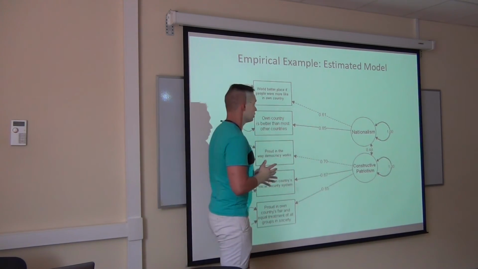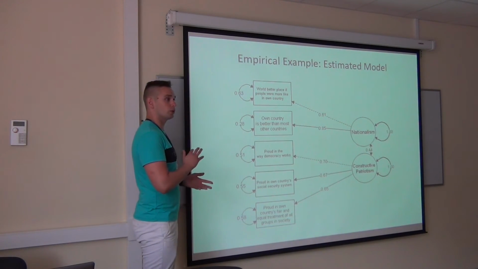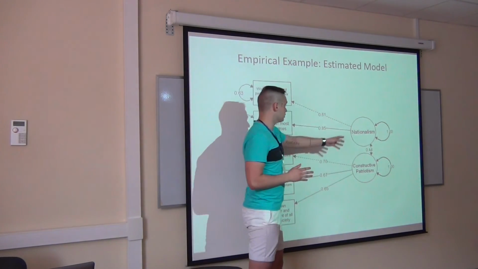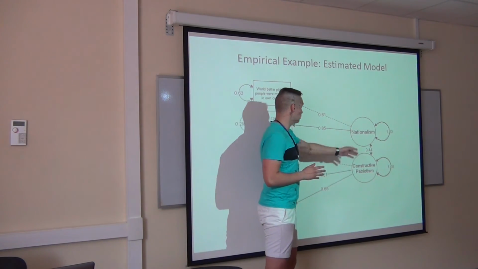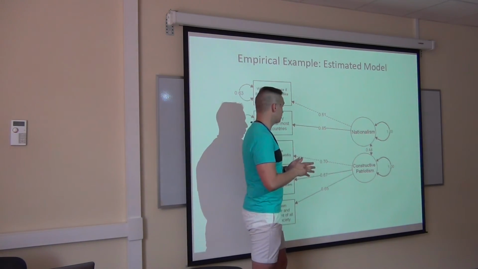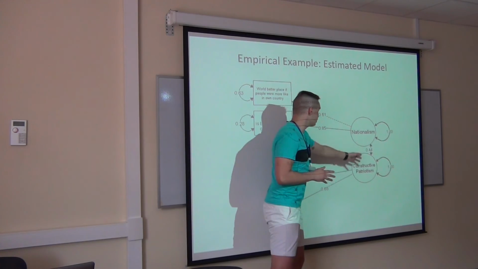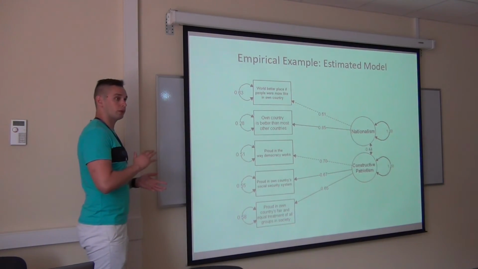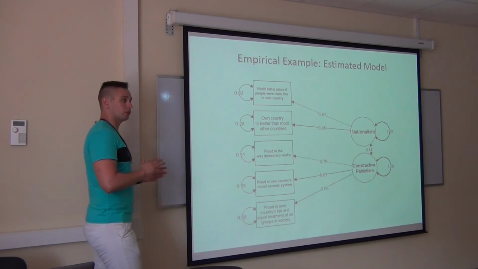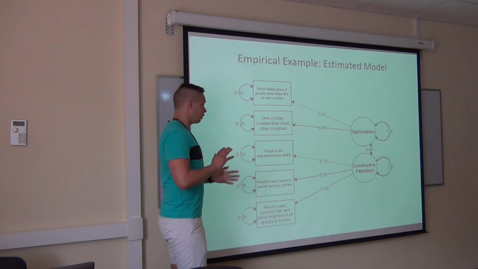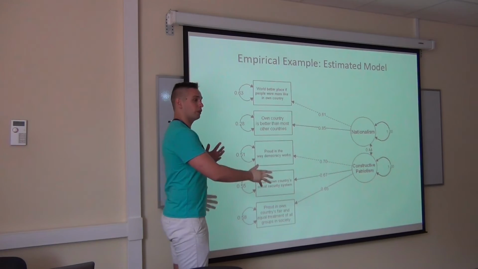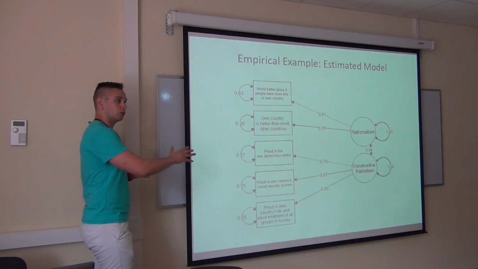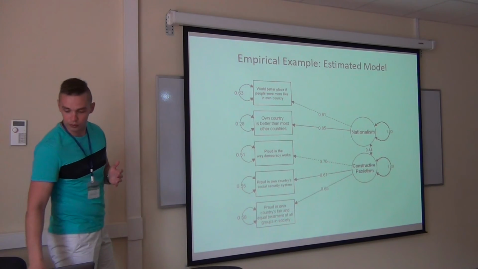If we would use a non-standardized solution, they may have some other values. But this is not very important. The more important parameter is the correlation between the two factors, and we see that it's quite strong. It's moderate, but it's meaningful. So we can say that both positive aspects of national identity and negative aspects of national identity are related to each other.